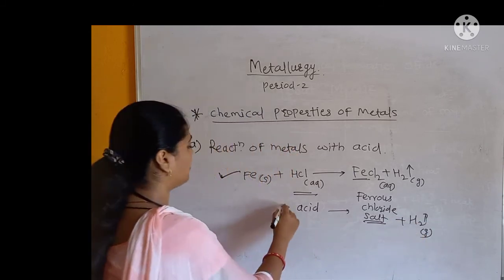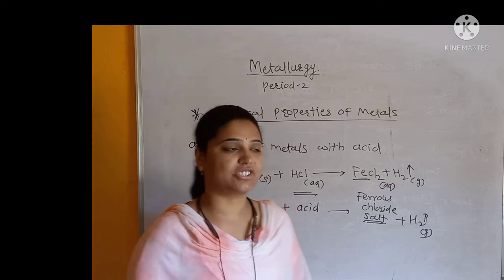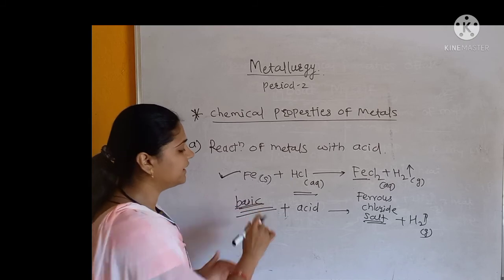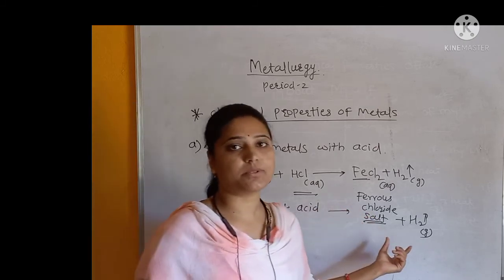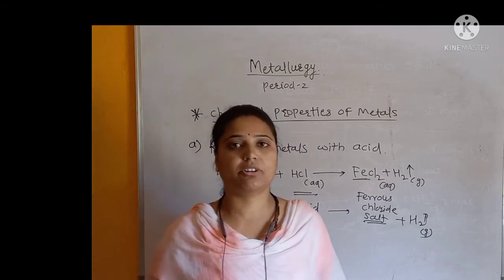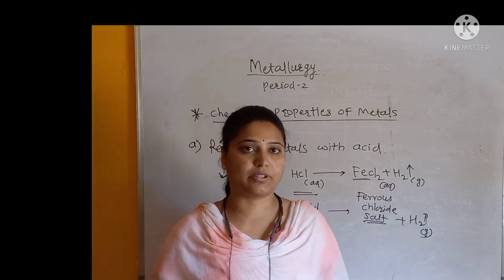So what is the nature of metals? All metals are basic in nature, because when they react with acid there is a formation of salt, and this is a neutralization reaction. All the metals in the periodic table are basic in nature. They easily donate their electrons.